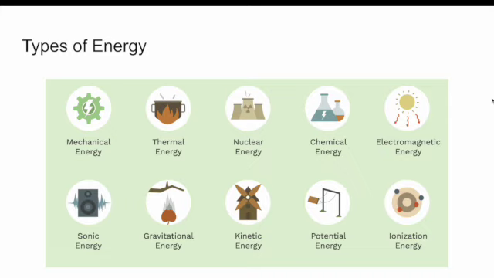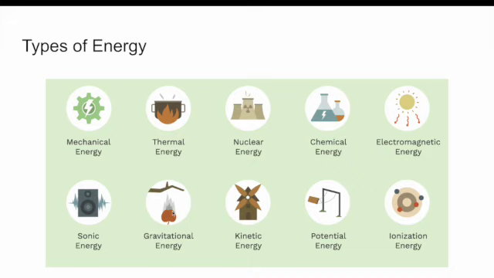And then electromagnetic energy. This is not something that we'll really look at right now because it's a little bit more complicated. We can dig a little bit deeper into that during the D.2, D.3, and D.4 sections of the syllabus. Sonic energy. This just means sound. Me speaking right now, that's sonic energy. Gravitational energy is basically the energy due to the weight of the object.